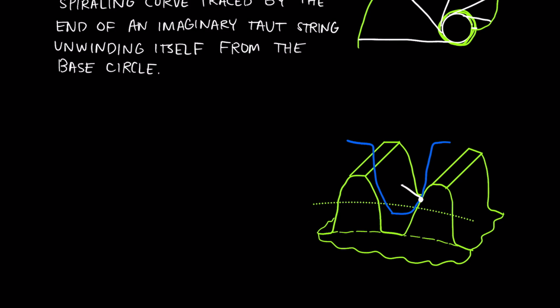So the blue gear tooth here is exerting a normal force on the green gear tooth, and the green gear tooth is exerting an equal and opposite normal force on the blue gear tooth, assuming that we don't have any acceleration.